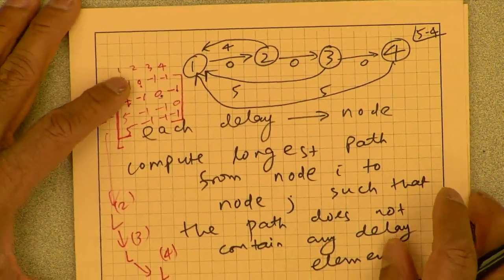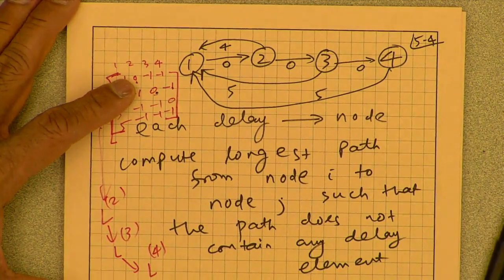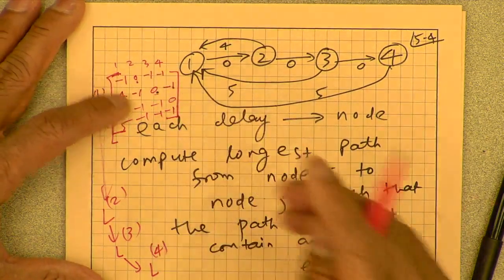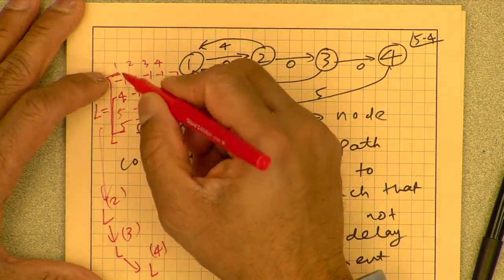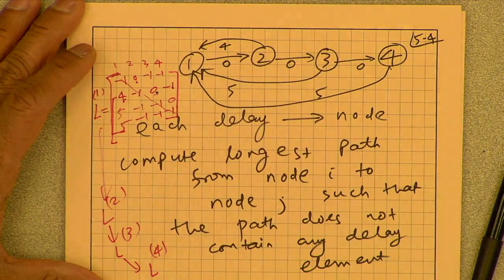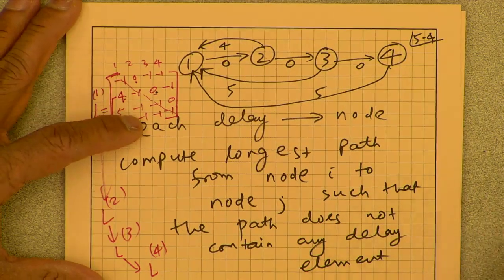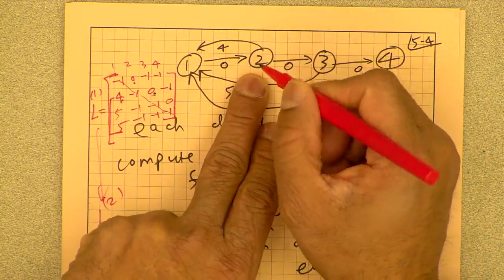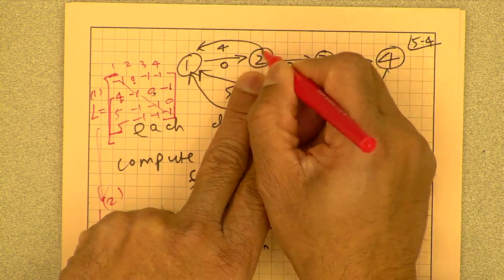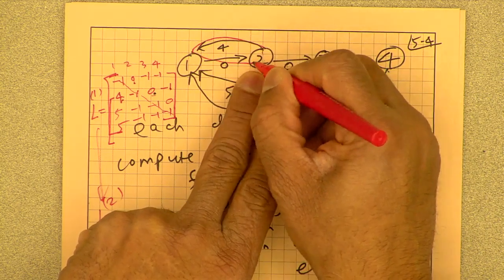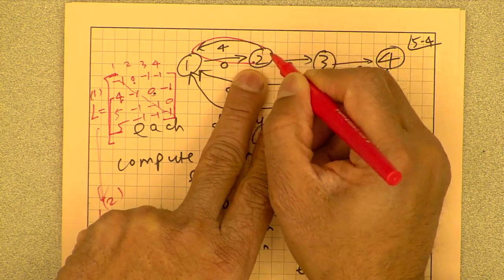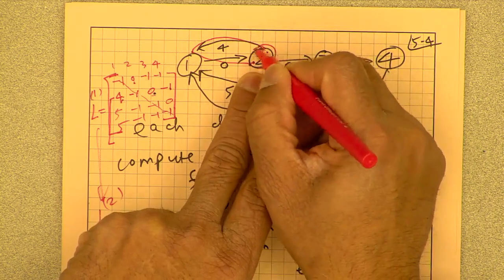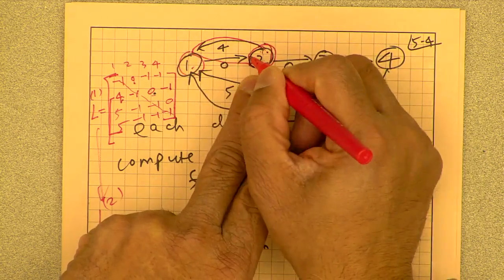So what does that really mean? Think about the physical interpretation of these diagonal elements. In this case it so happens that all the diagonal elements are -1, but if I go to L2, what does L2 compute? If you start with 2 and come back to 2, the longest path starting with 2 and coming back to 2 is to go through 1 more delay, that is 2 delays.